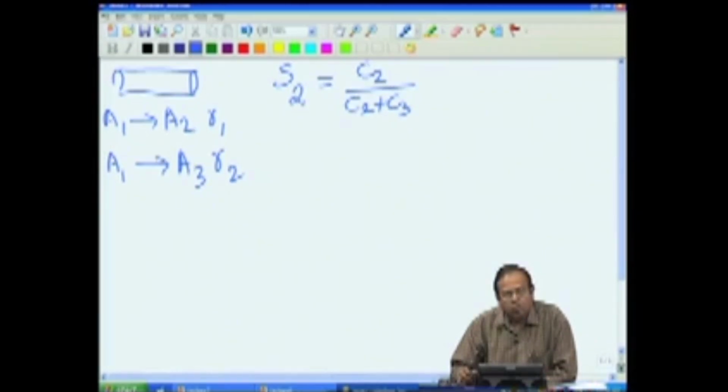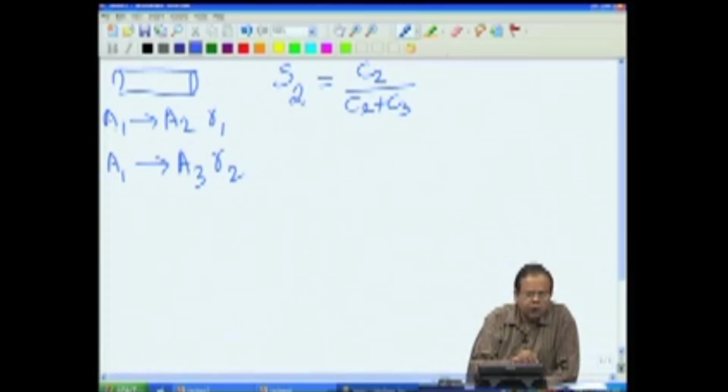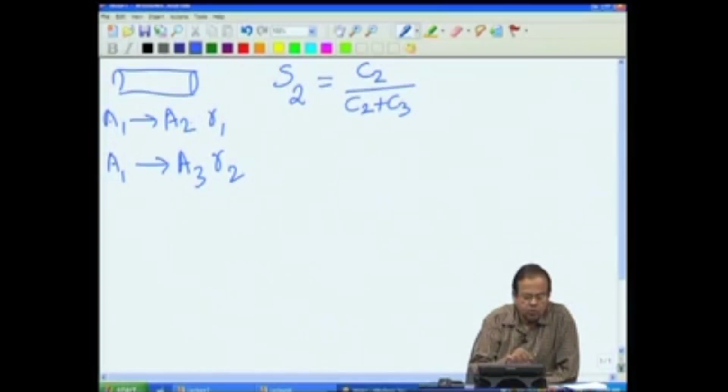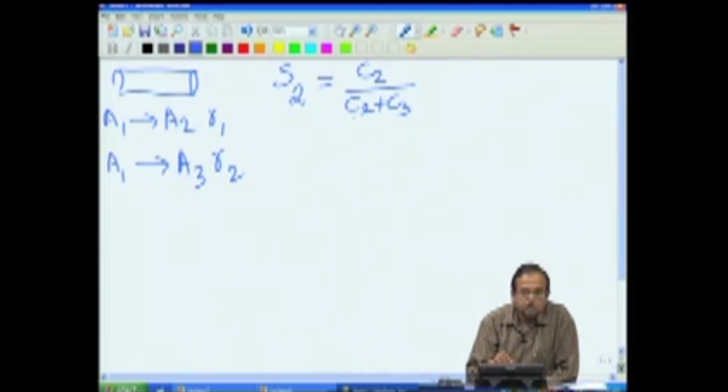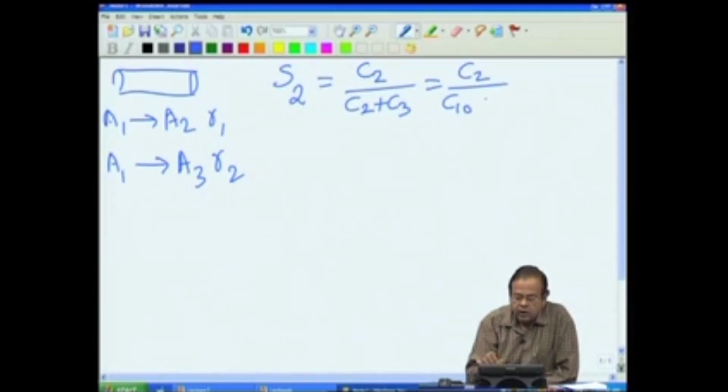Now, we also have stoichiometry, and we know that for every mole of A1 that is consumed, A2 is formed, same is the case with A3. So, the concentration of species 2 and 3 put together must be same as that of A1 that has got consumed.